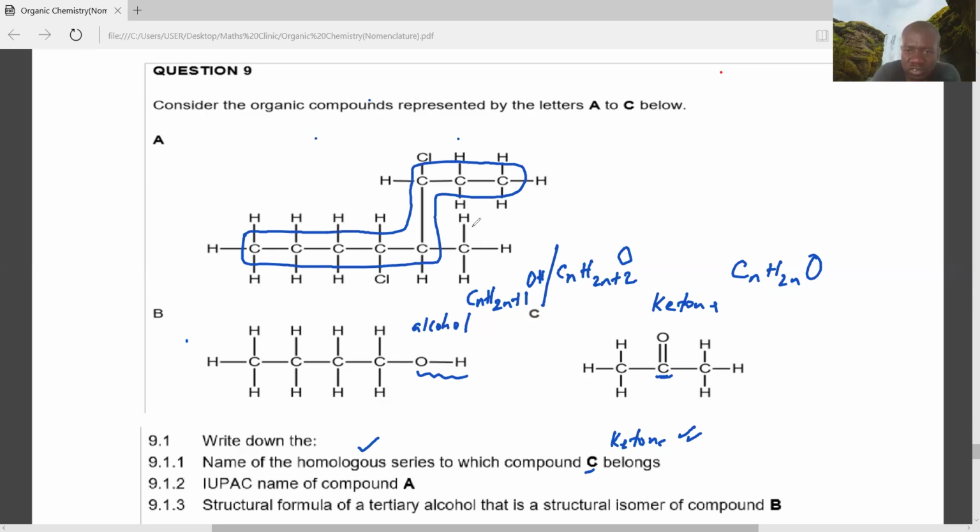We have a branch here. This is methyl. Here we have chloro, and here we have chloro. And according to what we said, halogens do not take preference over alkyl groups.